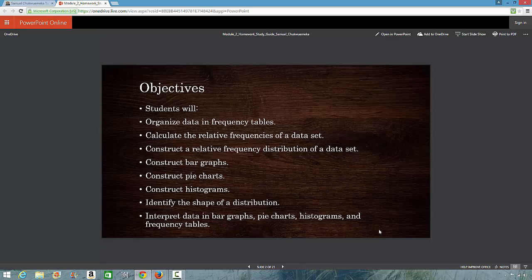We shall identify the shape of a distribution and also interpret the data that we present in bar graphs, pie charts, histograms, and frequency tables. We shall interpret the data.